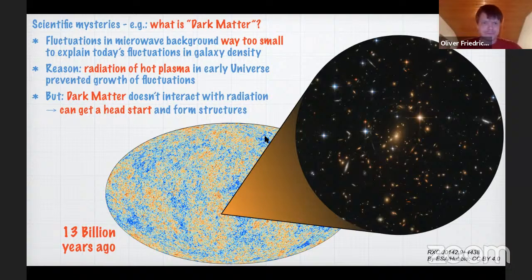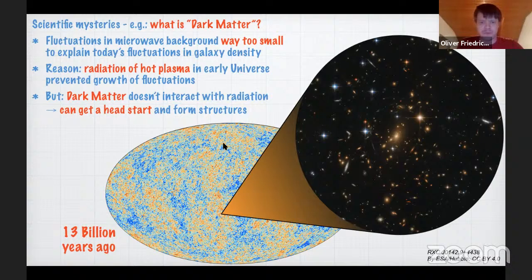And it actually turns out, if you look at this map, remember from the beginning, this would be a map of the cosmic microwave radiation on the sky. And the fluctuations, like I said, they are super tiny. They are 10 to the minus 5 in this map. And these fluctuations are actually too small to explain the rich structure that we see today.